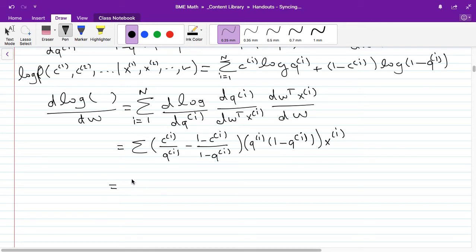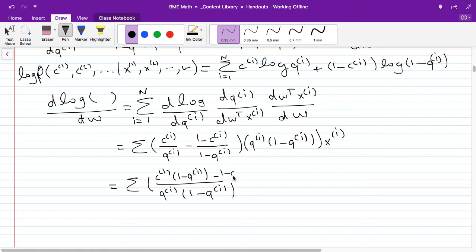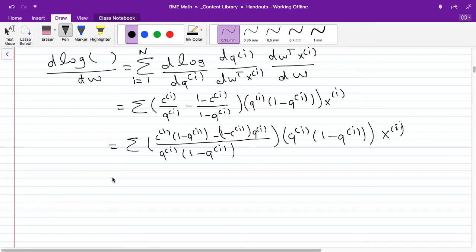That's equal to the sum of qi (1 minus qi), which is equal to the sum.